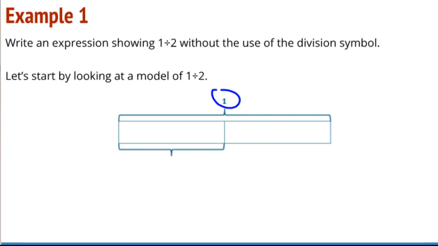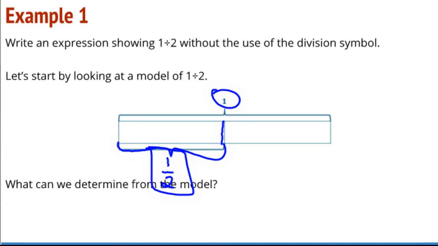So I've got 1 here, and it has been split into 2 pieces, and we are asking, what is the value of each of these pieces? Well, each of these pieces represents half of the 1. So from this model, we can see that 1 divided by 2 is the same as 1/2.